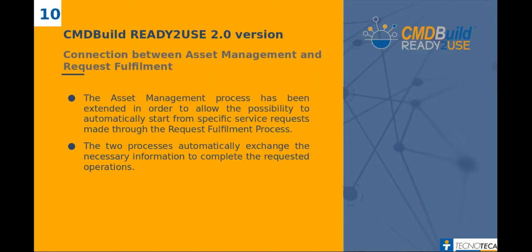Also, we developed in the new CMDBuild Ready2Use a connection between the asset management workflow and the request fulfillment, so that the asset management process can now automatically start from a specific service request, which of course could be made through the request fulfillment process. So these two processes can automatically exchange with each other all the information that is required to complete a specific operation.